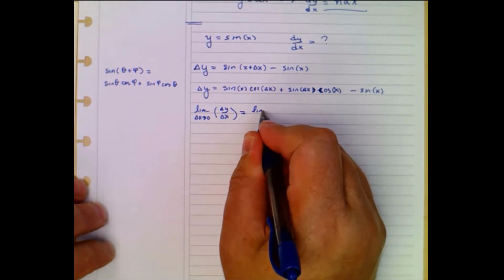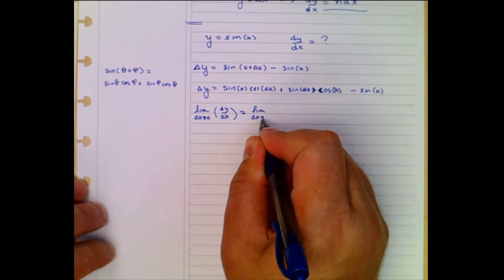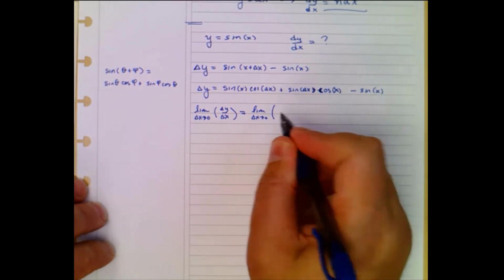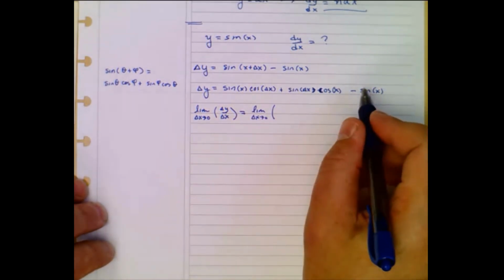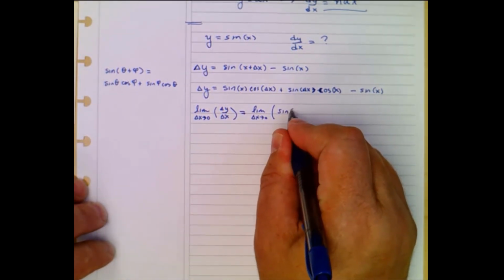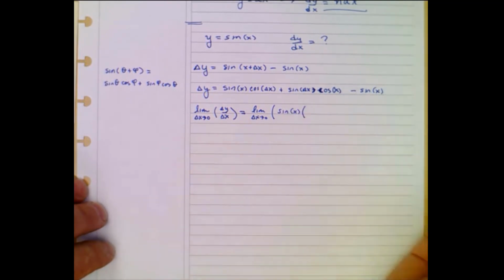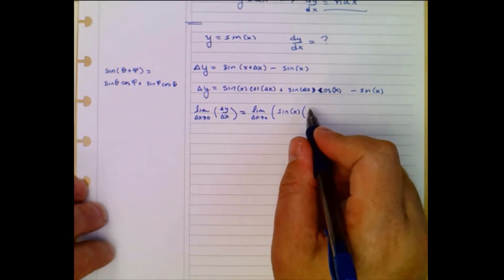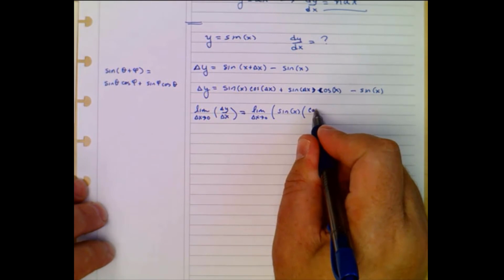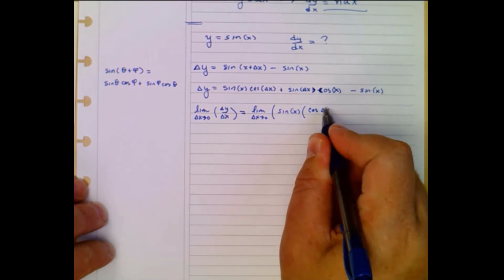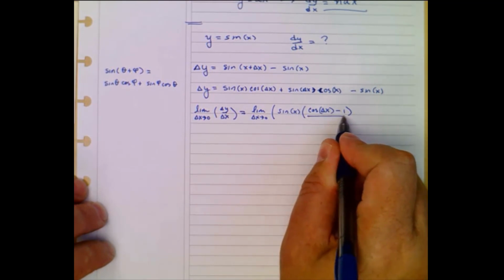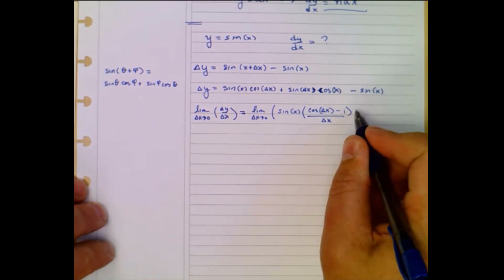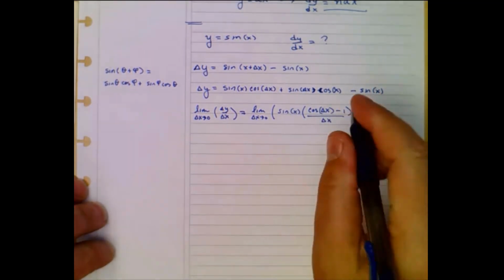So that means we're taking the limit as delta x goes to 0 of, I'm going to take common sine x and multiply by the quantity cosine delta x minus 1, and that's divided by delta x.